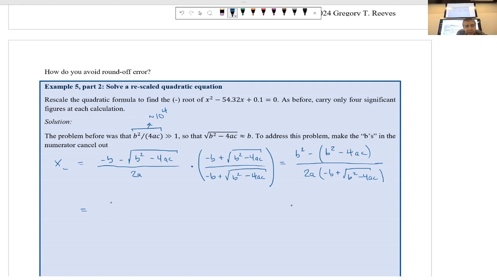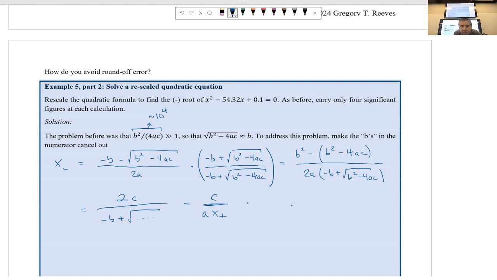And in the end, you get x minus equaling 2c over the opposite of b plus the square root of yada yada yada. Which, if you reformulate it, ends up being c over a times the x plus root. So the b's just completely disappear from this formulation.